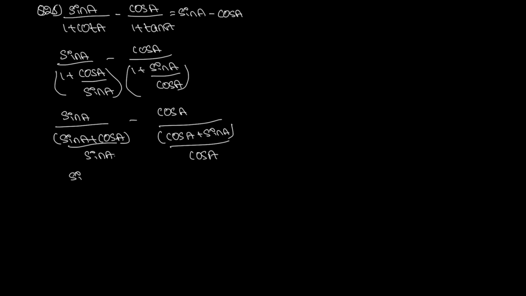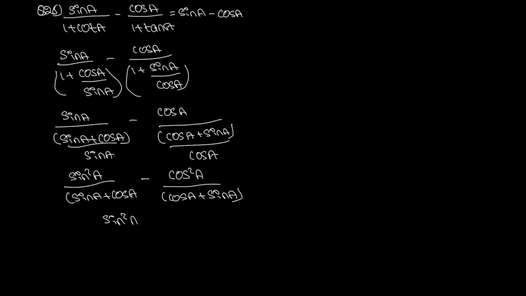We'll get sin square A by sin A plus cos A minus cos square A by cos A plus sin A. And if we observe here, we have the same denominator. So let's combine both the terms. We'll get sin square A minus cos square A by sin A plus cos A.